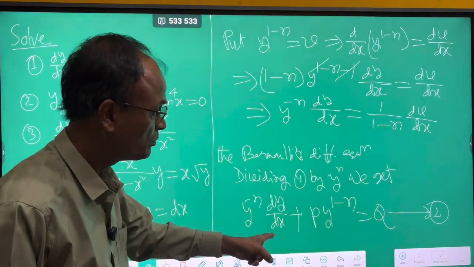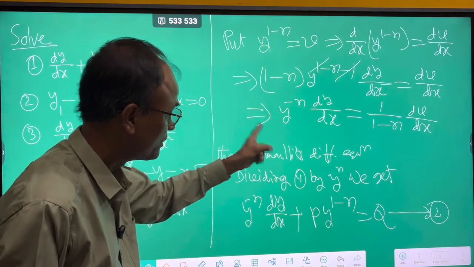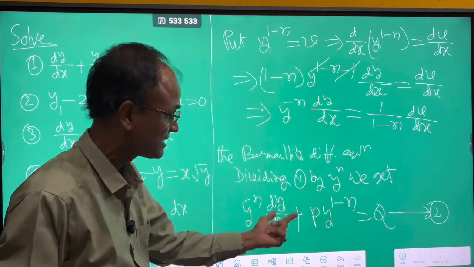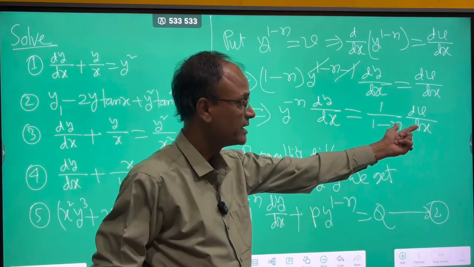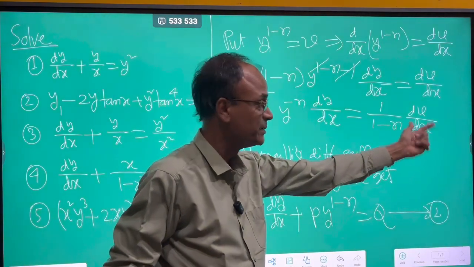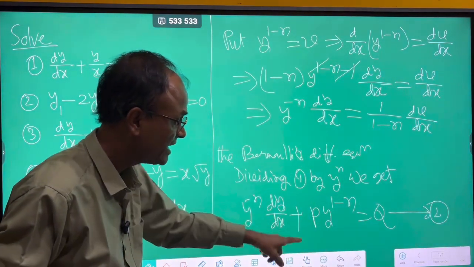Now, from 2, substitute this value, y to the power minus n dy by dx equal to 1 by 1 minus n dv by dx.